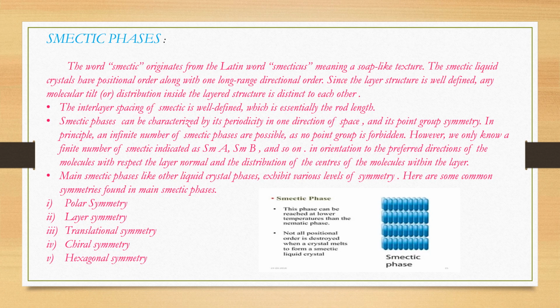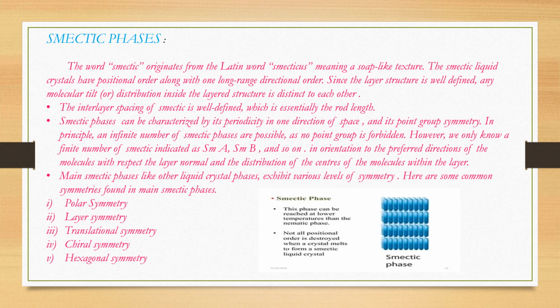This can lead to interesting electro-optic properties. In layer symmetry, in smectic phases, molecules are arranged in layers. The layers can have different symmetries, such as being parallel or tilted with respect to each other. This is regarding layer symmetry.